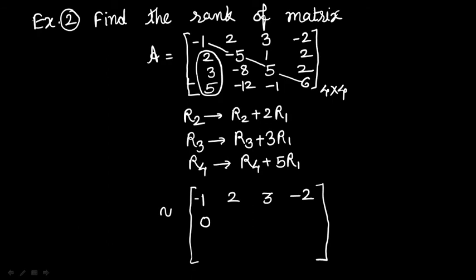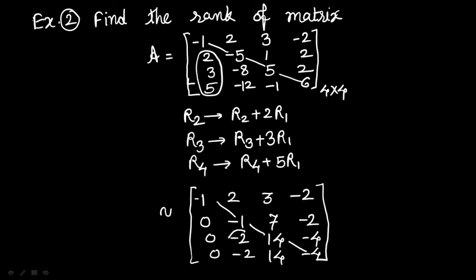Second row 0, because R2 changes to R2 plus 2 times R1, that means -5 plus 4 is -1. In this way we find the values 0, -1, 7, -2, and the next row 0, -2, 14, -4. Now the diagonal elements are these.